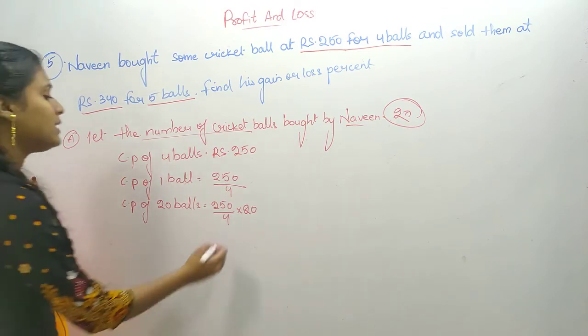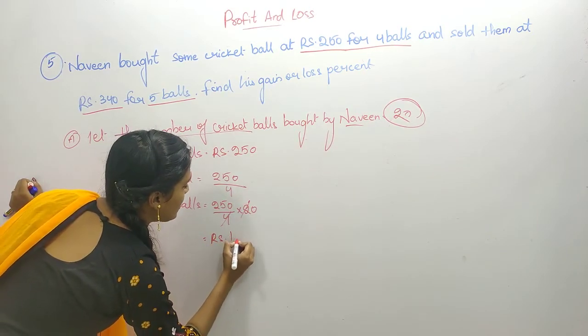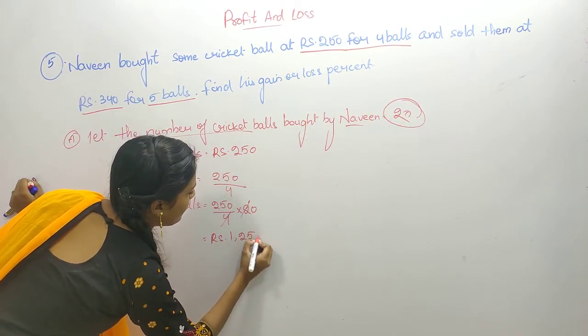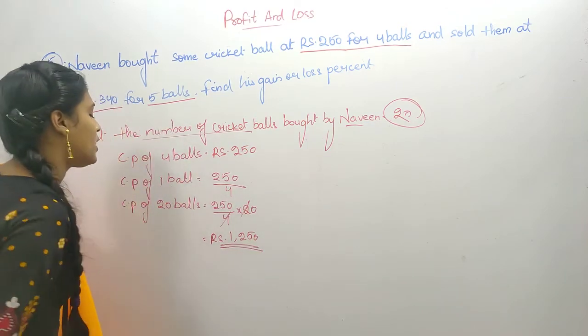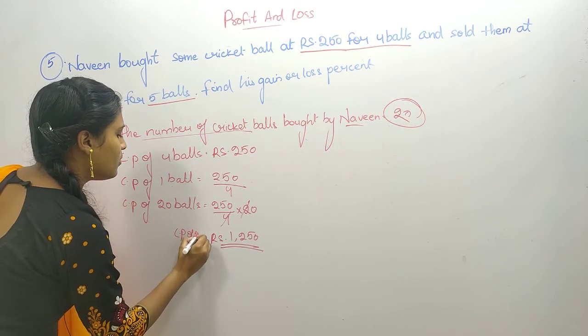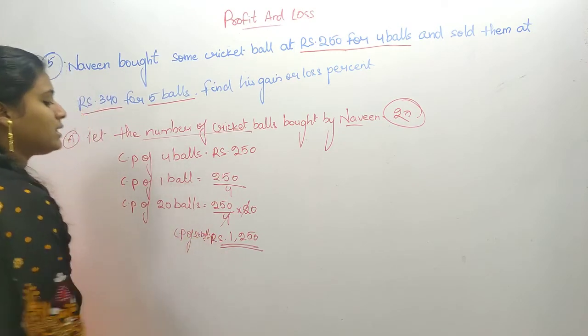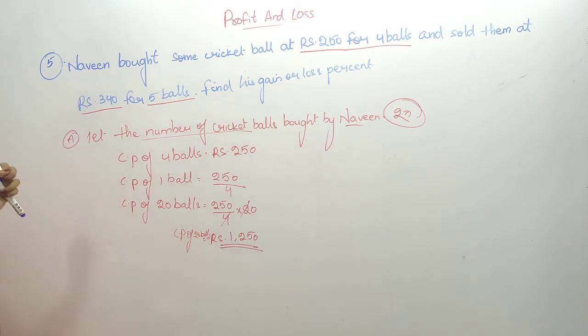By canceling this, what answer do we get? Rupees 1250. Cost price of 20 balls is rupees 1250. Now the cost price we found out.